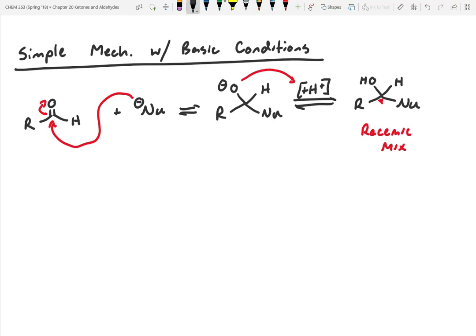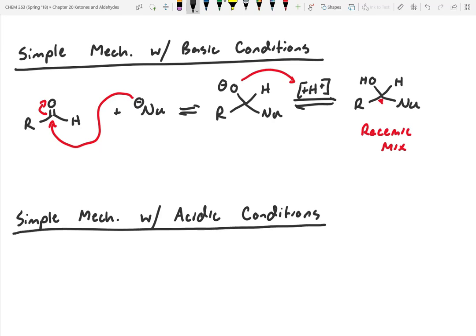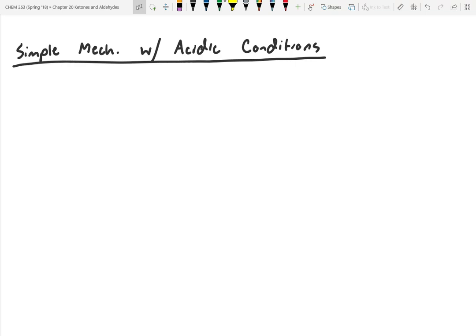All right, let's do the same mechanism, but under acidic conditions. All right, so just like before, we're going to have an aldehyde.